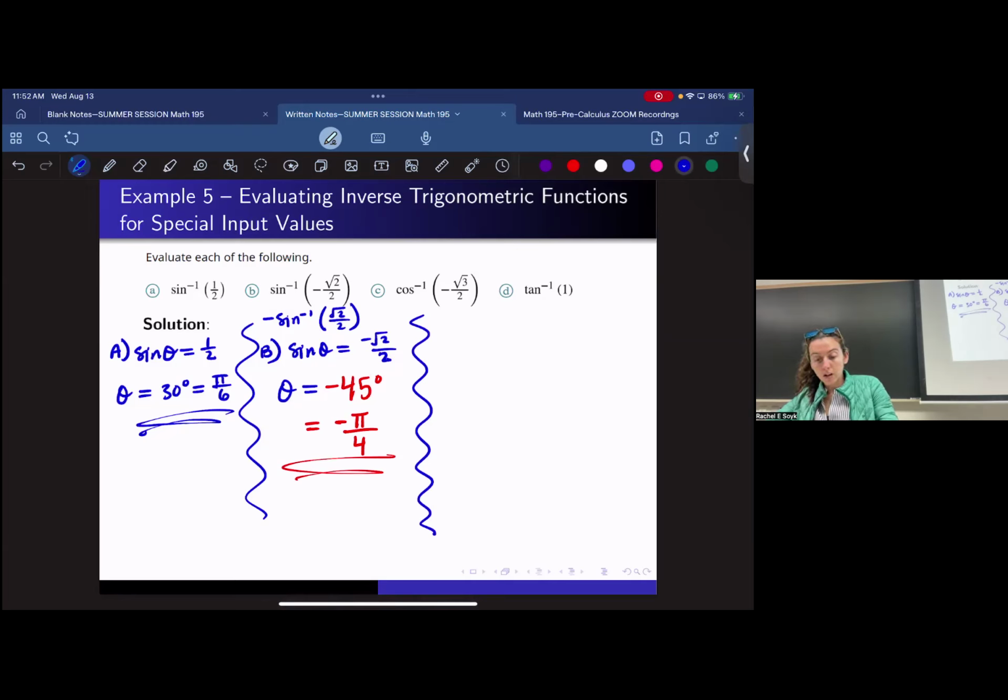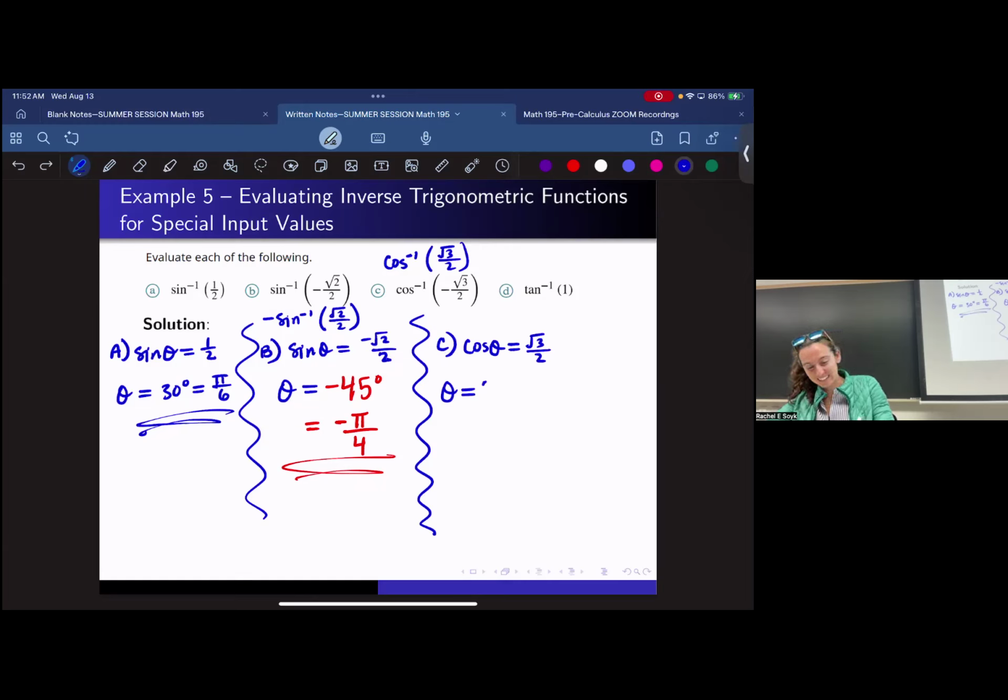Cosine inverse of negative square root of 3 over 2. It's an even function, so this is the same as cosine inverse of positive square root of 3 over 2, which means cosine of what angle gives you square root of 3 over 2? Cosine of what angle?